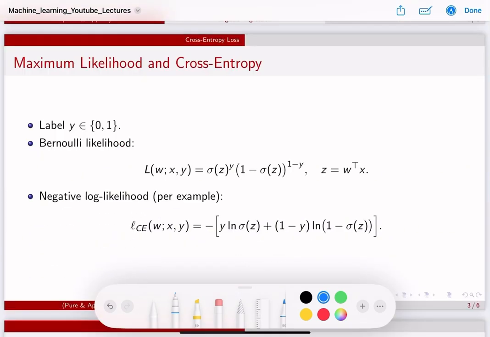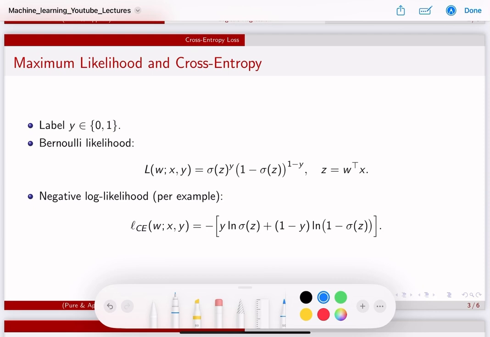Well, if you recall when we discussed linear regression, to find the weight vector we had to introduce a loss function, right? So we need to see what kind of loss function we can introduce here, and to introduce a loss function for this particular model, we need to use a principle that is widely used in machine learning.